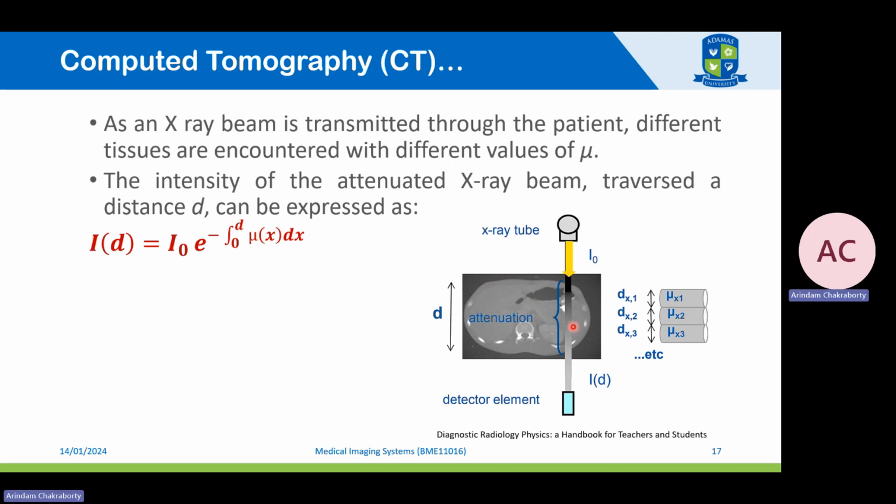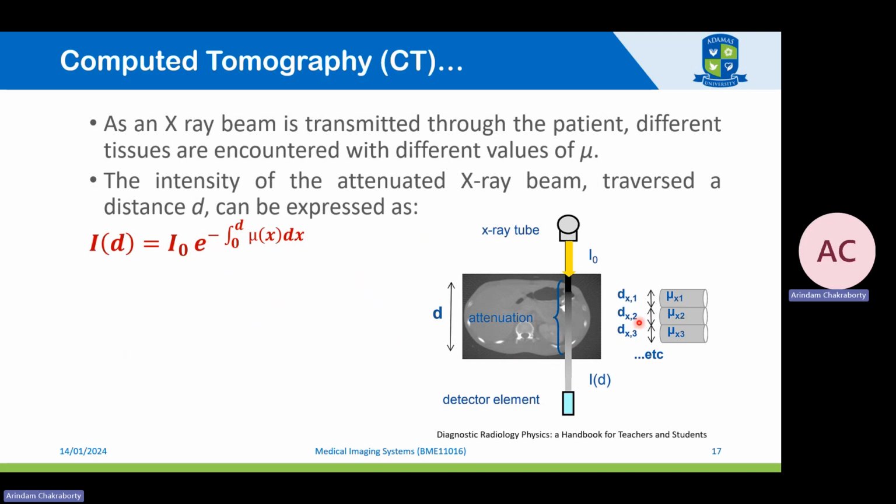Now, from this image, there are different layers of different material density present, depending on the soft tissue layers, and they have different attenuation coefficients as well as thickness. So the intensity of the attenuated X-ray beam that reaches the detector element can be calculated using this.